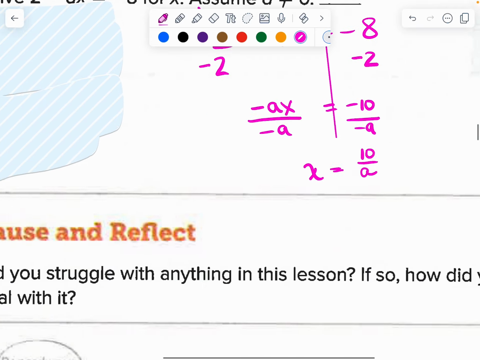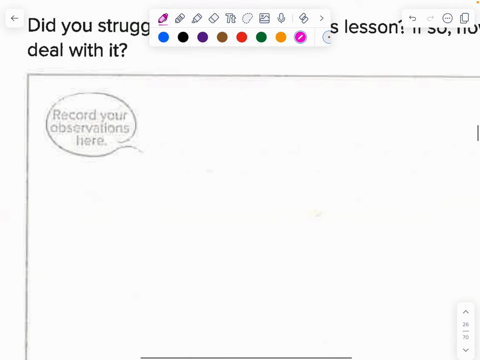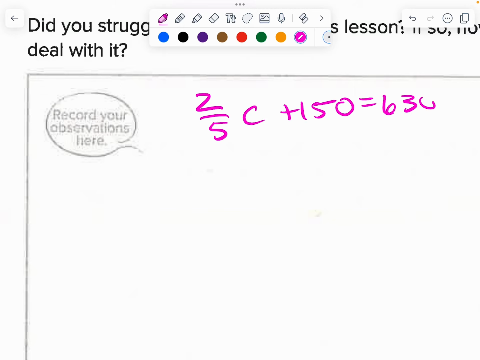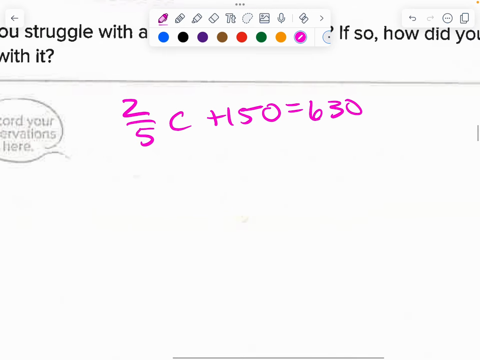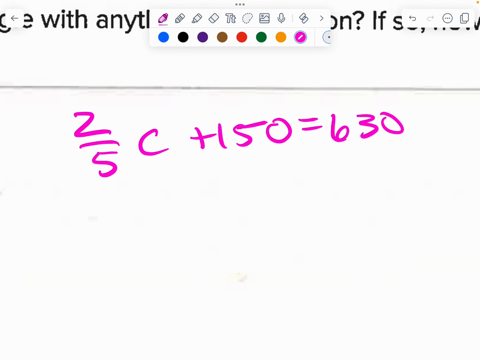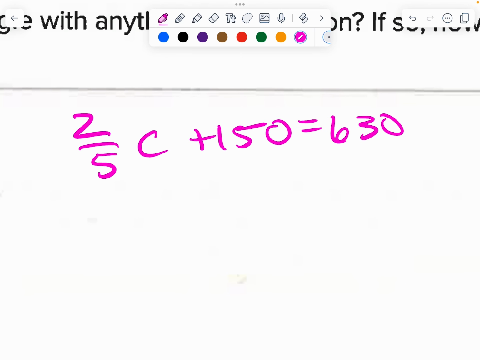Now, what I would like to do is go back to one of the problems that we had a minute ago. This one, the 2/5 c plus 150 equals 630. And I actually want to show you clearing the fraction when it's a whole thing.